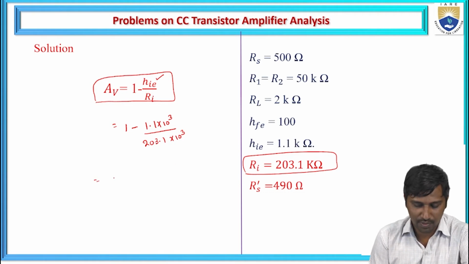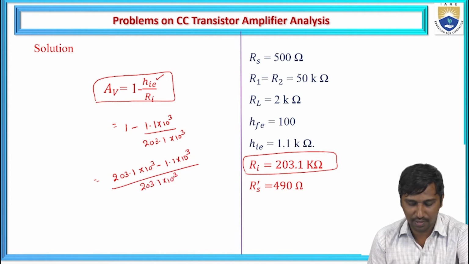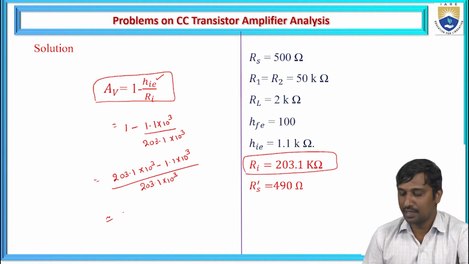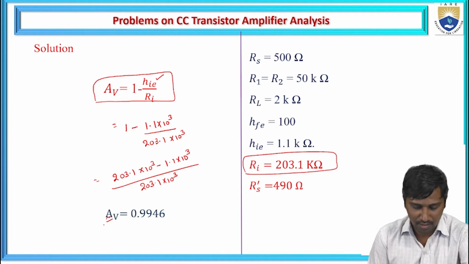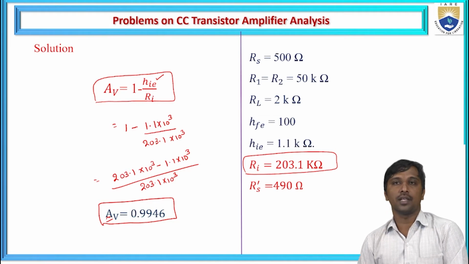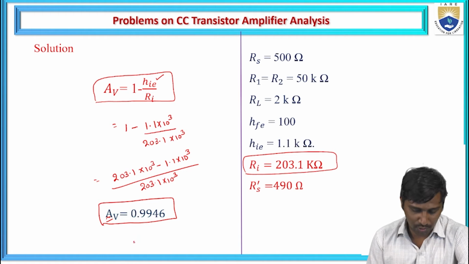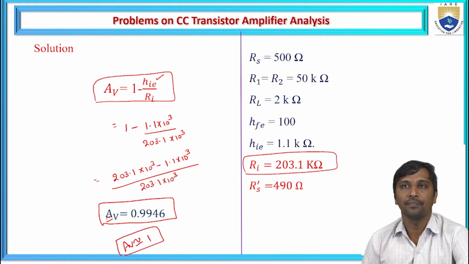You can simplify this: (203.1 into 10 power 3 minus 1.1 into 10 power 3) by 203.1 into 10 power 3. Then simplifying this ratio, the voltage gain is equal to 0.9946, so the voltage gain is approximately equal to 1.